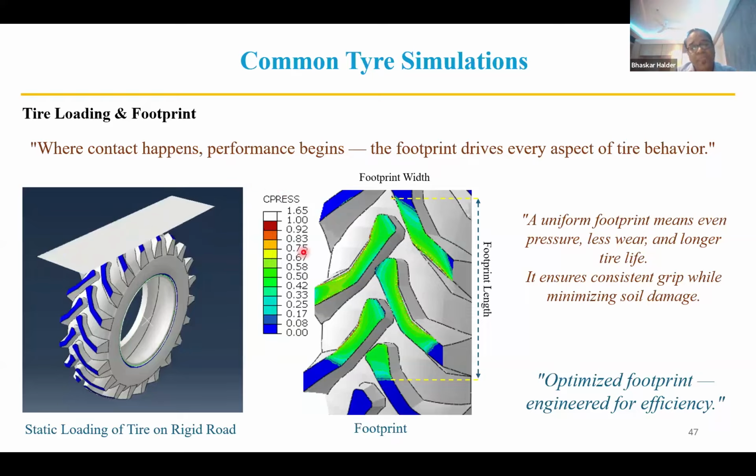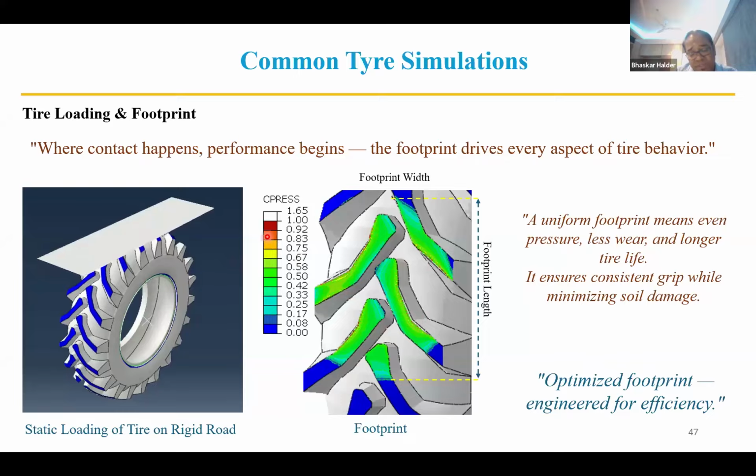So in that way, we can check what the footprint length is, what the pressure is. And one interesting thing is that there is always a challenge for a designer: the stress should be uniformly distributed. Because if you see the green portion that touches the ground, touches that surface, I can say that my stresses are uniformly distributed.